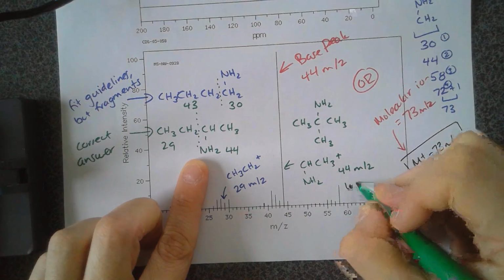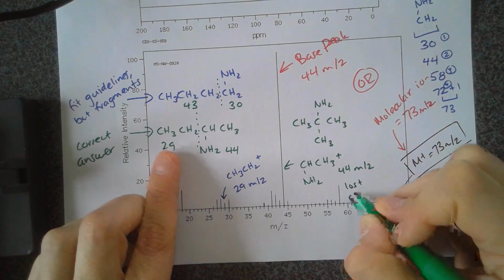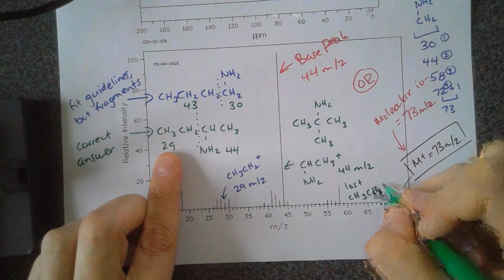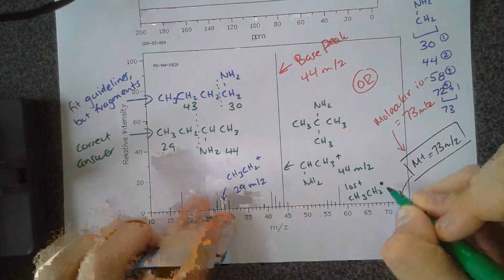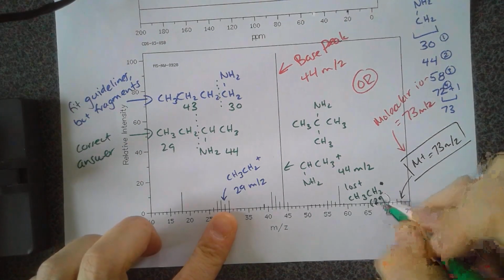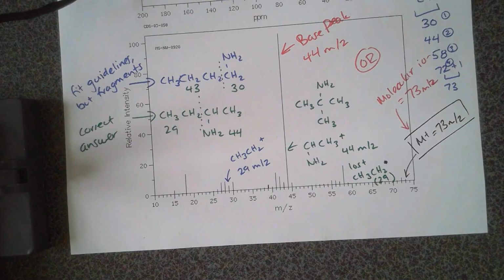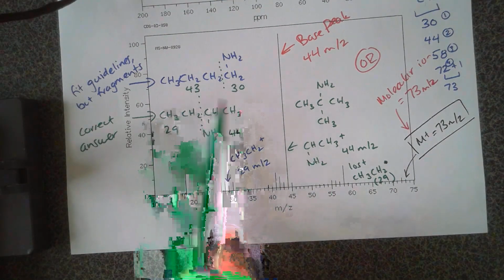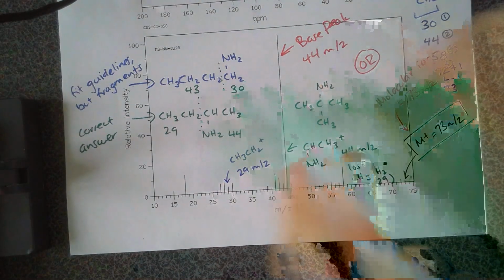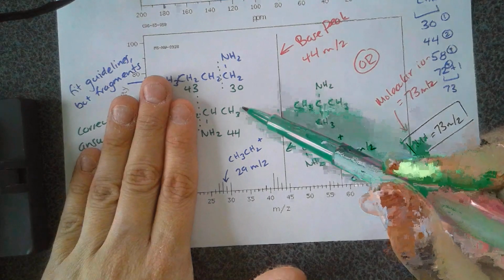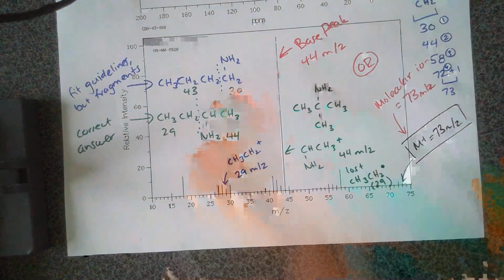And then the loss component is your CH3, CH2. And that was going to be your 29. I lost that from my main molecule, because this is the main molecule, and that's where it cut. This is the charged component. That's the uncharged component.